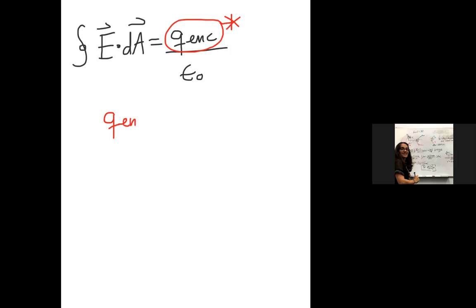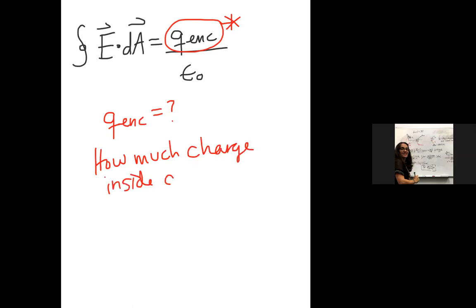What is Q enclosed? How much charge is inside the Gaussian surface? And then you also need to remember that this A is of your Gaussian.